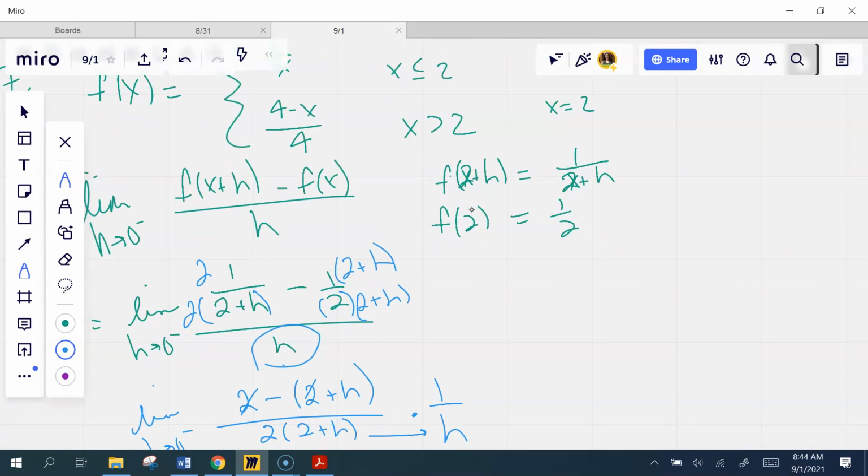So I did this question here, and that's what we are doing. Yeah, you have to plug in the x plus h also.